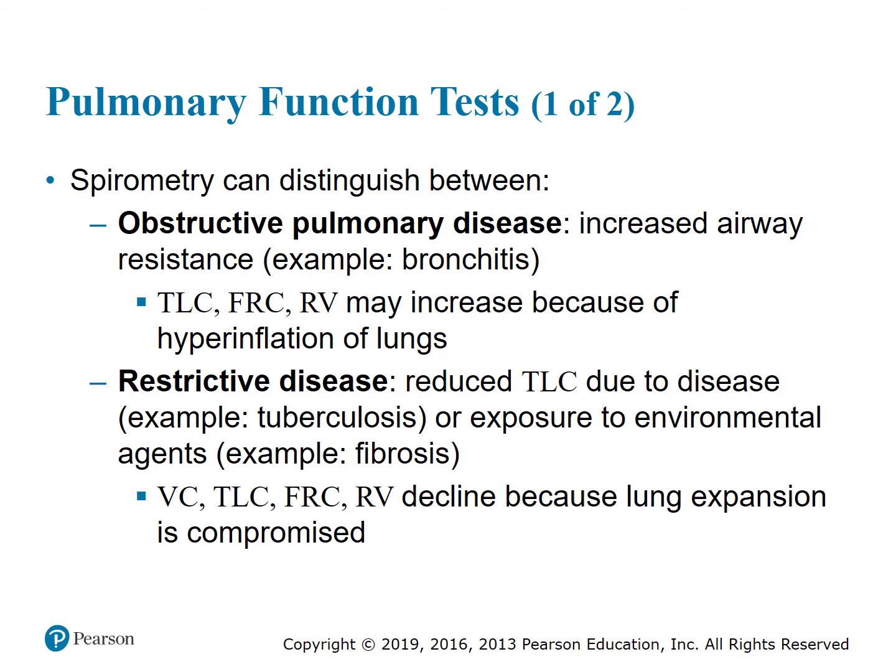The restrictive disease is due to reduced TLC due to disease, for example, tuberculosis, or exposure to environmental agents resulting in fibrosis. The VC, the TLC, the FRC, and the RV decline because the lung expansion is compromised.